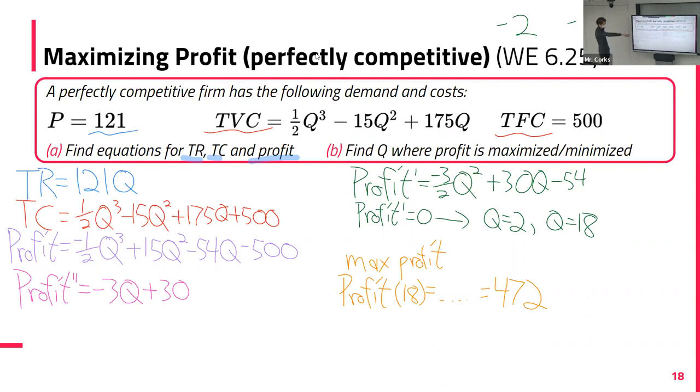I won't go through all the calculations of that here. My notes also say 472. So I'm confident that's the right number. And that's how we can figure out our actual maximum profit here.